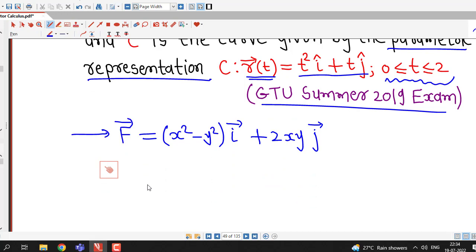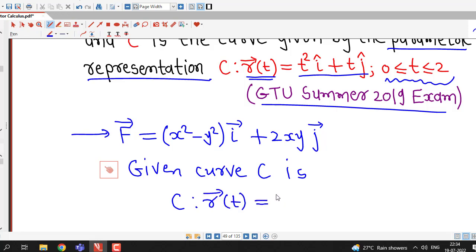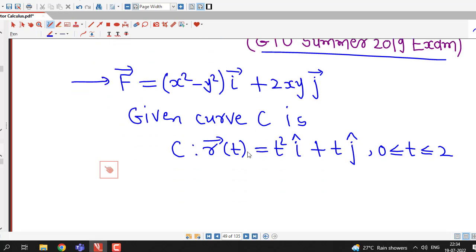So first we write down that the given curve C has parametric representation r bar t equal to t square i plus t j, and the limits of t are from 0 to 2. Here we can see r bar t has two components and f bar is also a function of two variables, so we are considering a line integral in a plane. This is a plane curve.